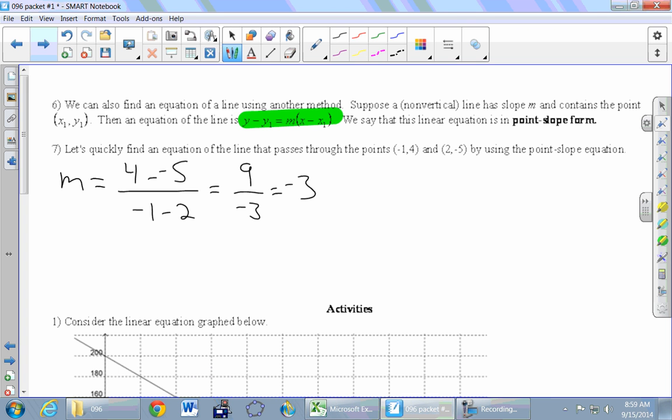And now we're just going to plug in to this brand new equation here. I'm going to circle the letters that are about to become numbers. y1 is a number, m is a number, x1 is a number, but x and y are variables and they're never going to change from x and y. So the equation becomes y minus y1. y1 is the y coordinate of any point that you have.